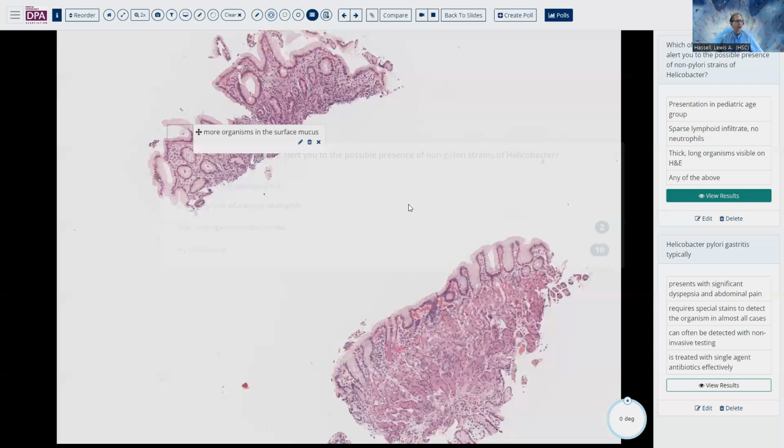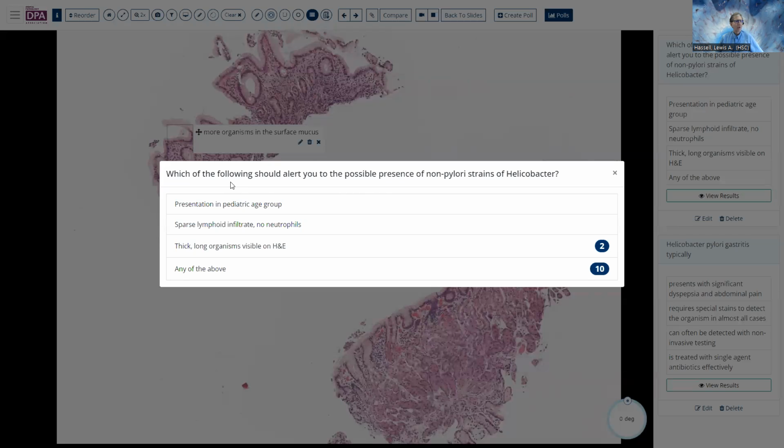So just to review our MCQs here, which of the following should alert you to the possible presence of non-H. pylori, non-Helicobacter pylori strains of Helicobacter? Well, any of these actually is the right answer. So pediatric age group, those are more likely to get atypical variants, sparse or lymphoid infiltrate and no neutrophils, and these longer organisms.